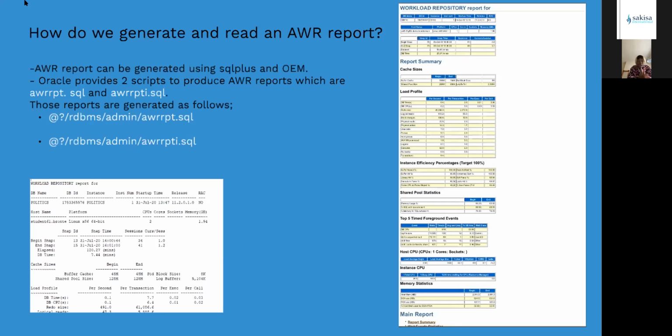But for the AWR, you will look at the top 5 timed foreground events section, which is at the top of the report.